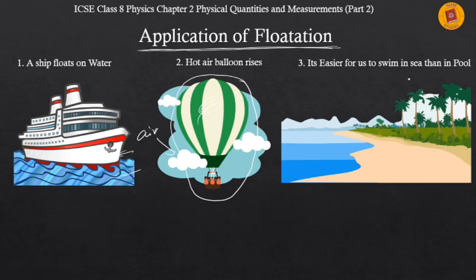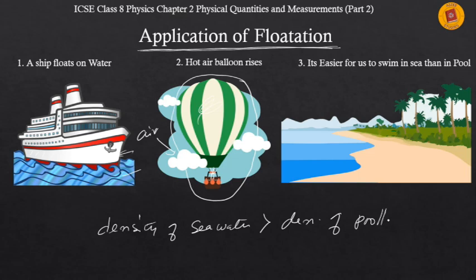That is another aspect. We can see that it is easier for us to swim in sea than in a pool. Why? Here our mass remains the same, and whenever we swim, our density remains the same, but the density of seawater is greater than the density of pool water, the water inside the swimming pool.